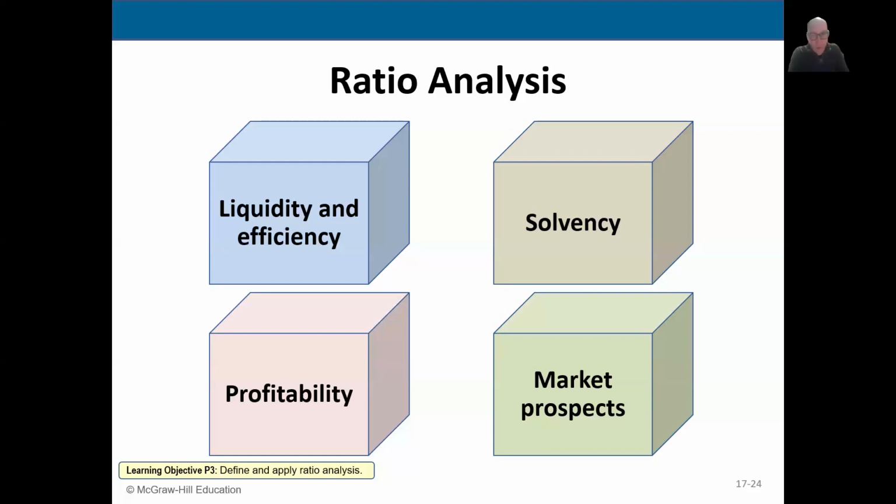That's why it's important. So, just like we talked about earlier, there are 4 building blocks that we look at: liquidity, efficiency, solvency, profitability, market prospects. Within each of these, there's a whole bunch of ratios. Now, I'm not going to bore you to death with all of them, but we're going to go through them. Again, they're important to know. You've already seen most of them. We've talked about these in previous chapters back in Principles of Accounting 1, so don't be that surprised, because you'll probably know most of them.